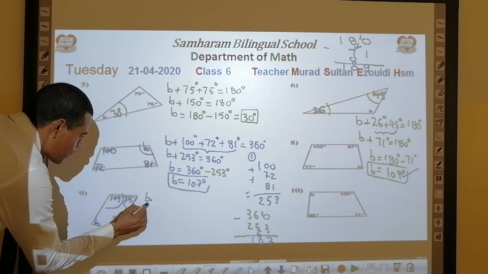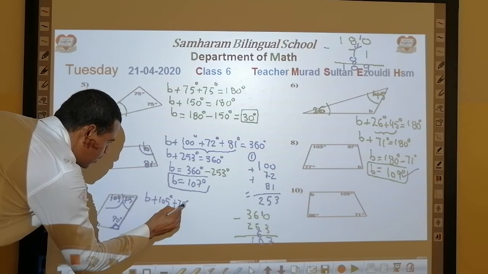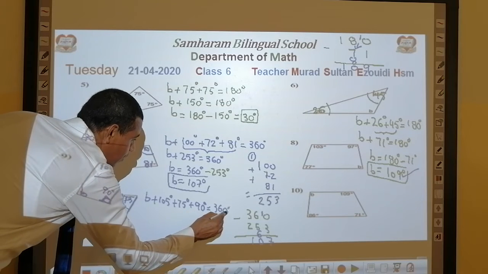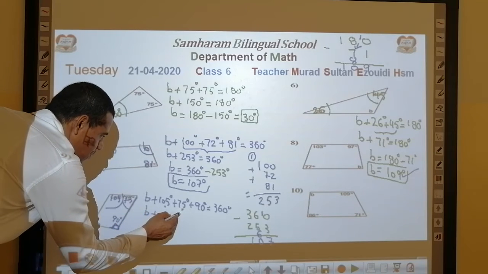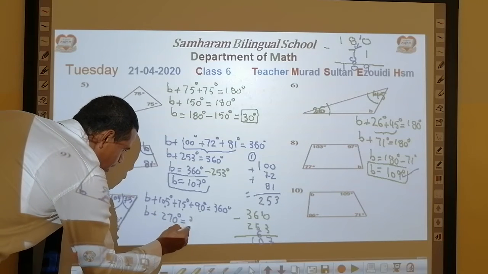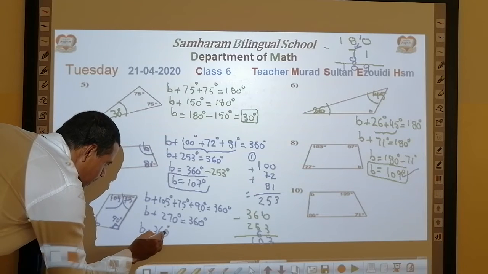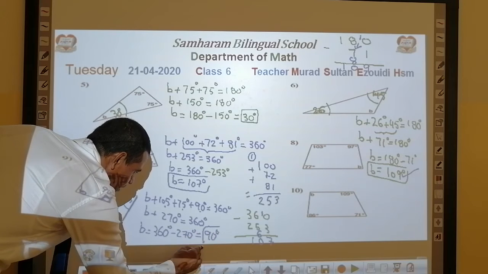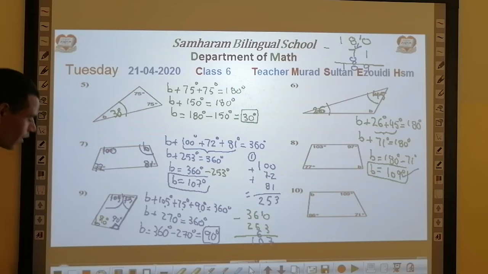So b plus 105 degrees plus 75 degrees plus 90 degrees equal 360 degrees. Just adding, b plus 105 plus 75 is 180, plus 90 is 270 degrees, equal 360 degrees. So b equals 360 degrees minus 270 degrees, equal 90 degrees. This, my kids, is 90 degrees.